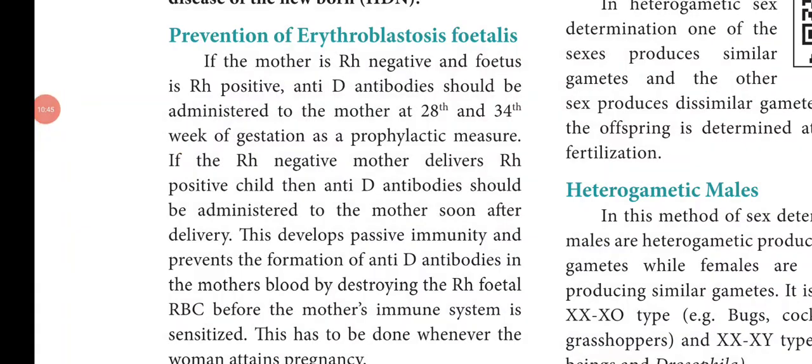How to prevent this condition? That is prevention of erythroblastosis fetalis. If the mother is Rh negative and the fetus is Rh positive, then the mother should be administered anti-D antibodies.